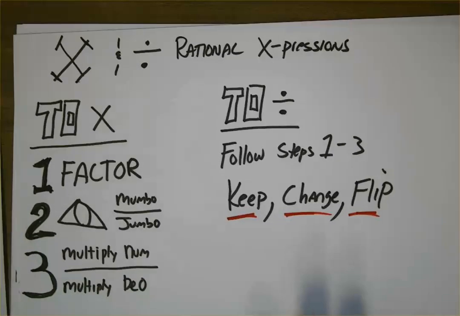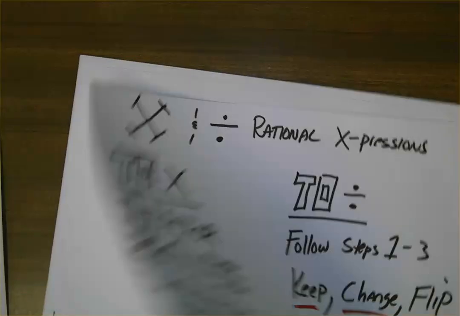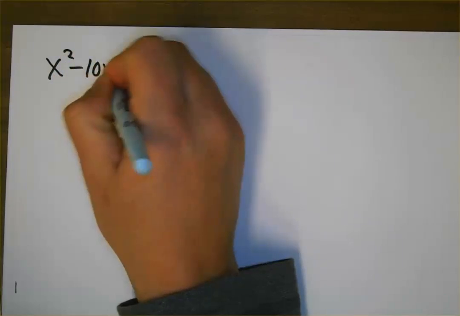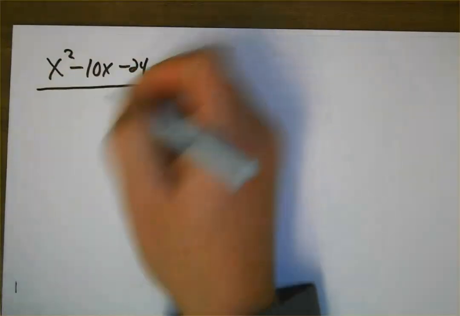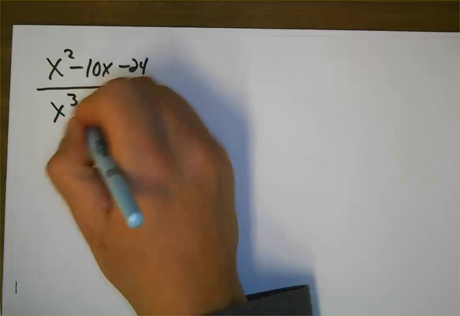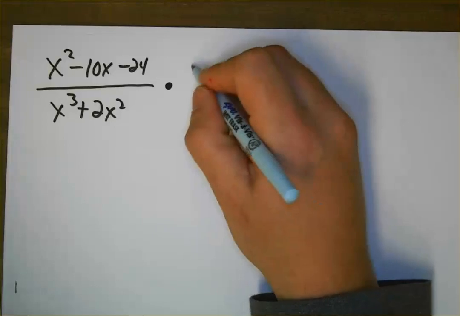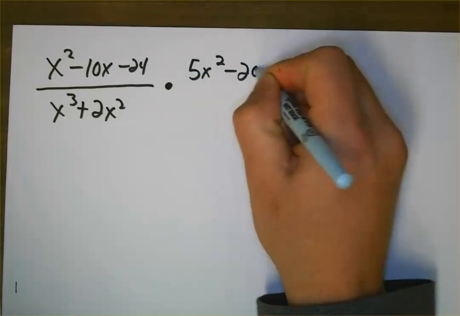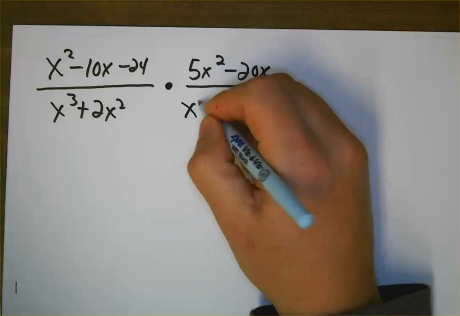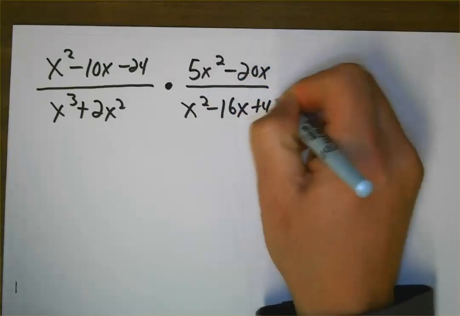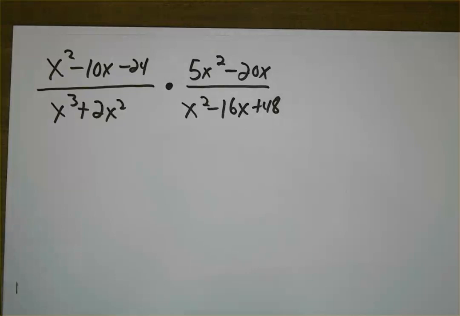We're going to do a couple of these real quick. Here's x squared minus 10x minus 24, all over x cubed plus 2x squared, and you're multiplying that by 5x squared minus 20x, all over x squared minus 16x plus 48. Step 1 says to factor.